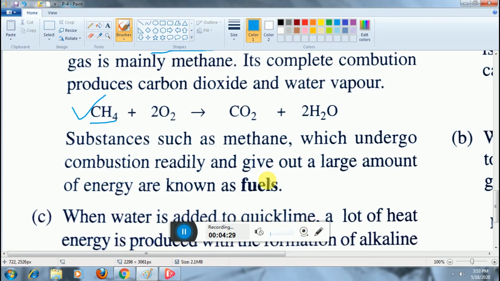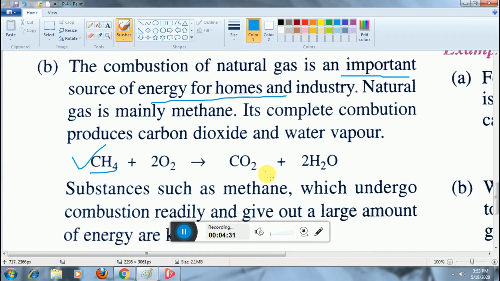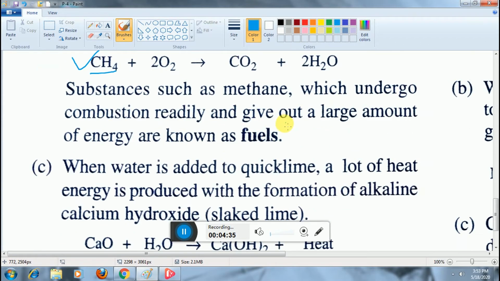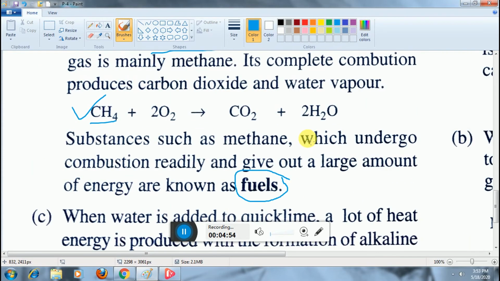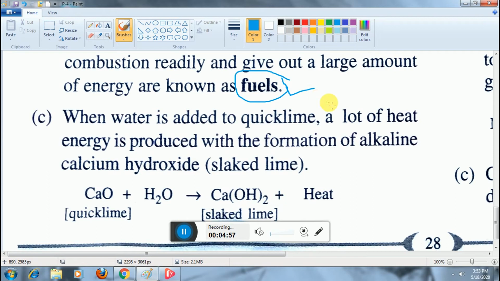If a hydrocarbon on combustion gives a lot of energy which can be used in industries or homes, then the hydrocarbon will be referred to as a fuel. The amount of heat energy evolved is sometimes referred to as the calorific value of that fuel.